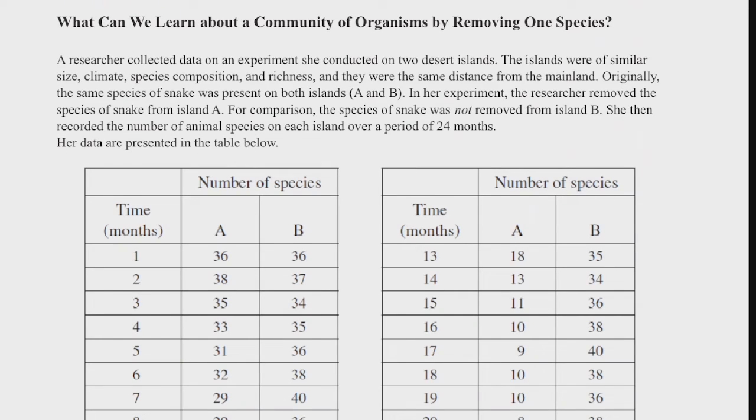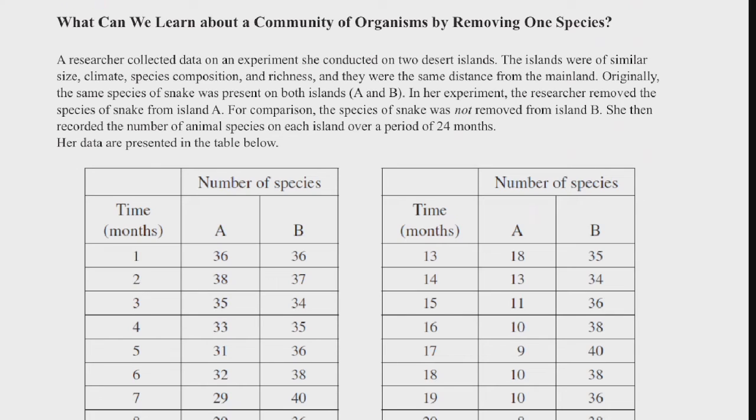All right, just a few more questions. What can we learn about a community of organisms by removing one species? A researcher collected data on an experiment she conducted on 2 desert islands. The islands were of similar size, climate, species composition, and richness, and they were the same distance from the mainland.